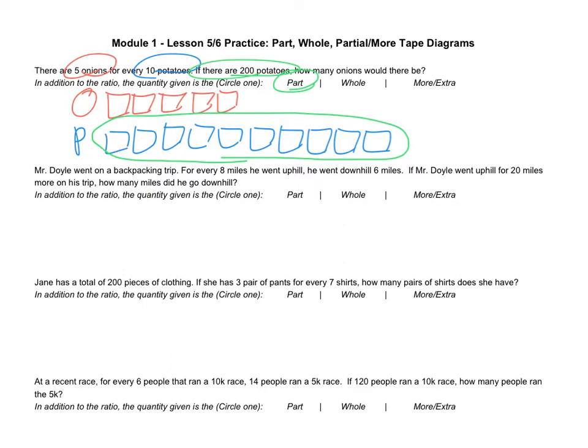But this is a part because it's telling us how many total potatoes there are. So what we have here is 200 potatoes. So this is 200 divided by 10, which is 20. So we know that all of these represent 20.